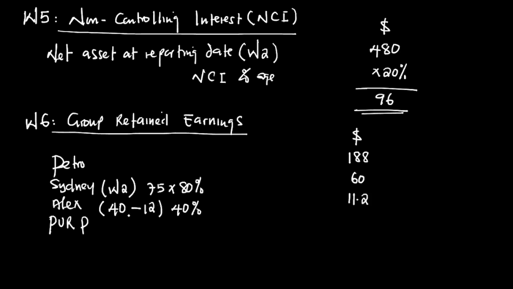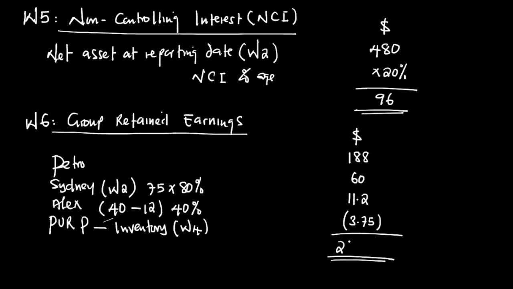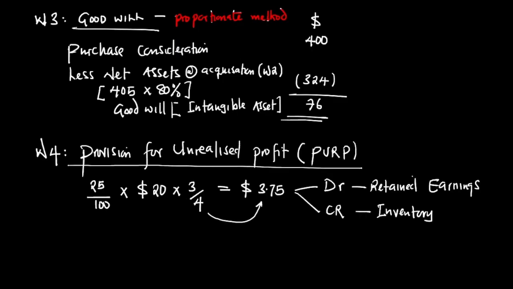Then provision for unrealized profit, PRP, working number 4, 3.75, giving us a total of 255.45. Now, I want you to see where these figures are coming from. So we go to the statement of financial position.